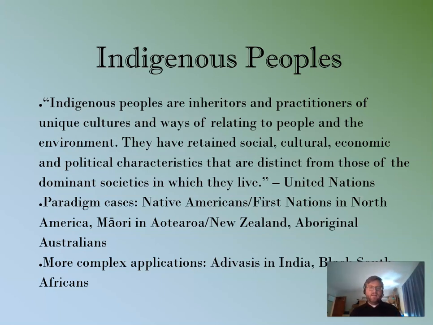The other example where it gets more complex would be black people in South Africa, where you have a dominant group coming in, the British and Dutch settlers that took over South Africa, but are numerically a small minority.